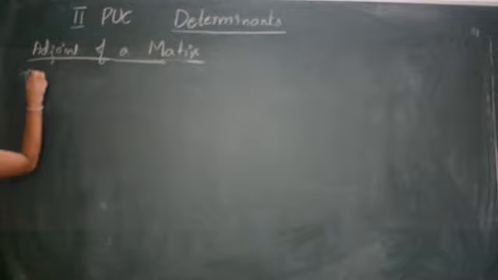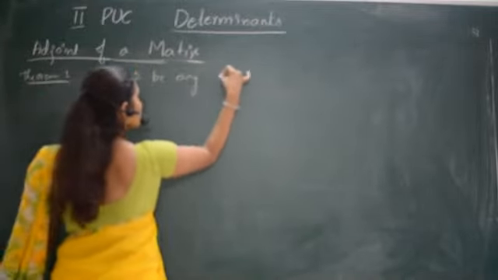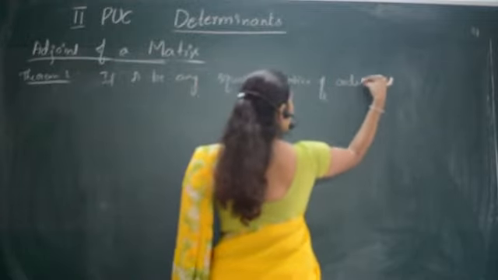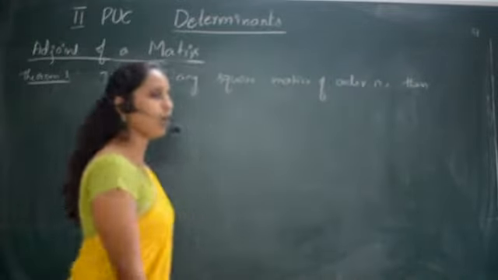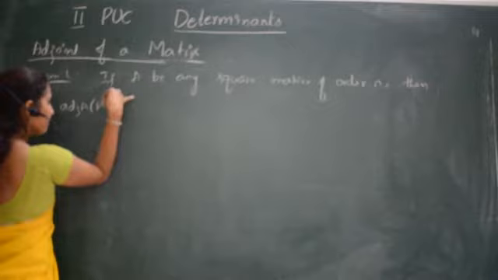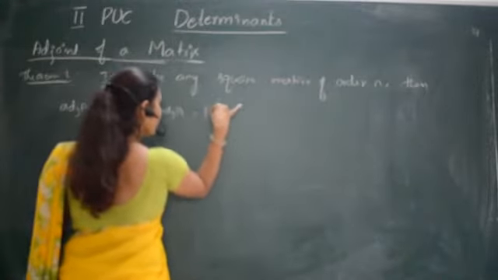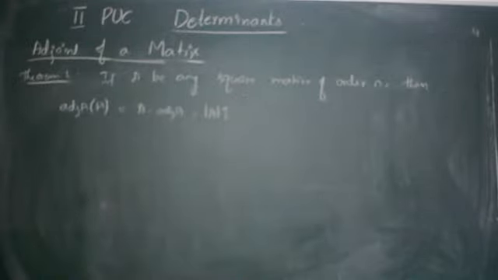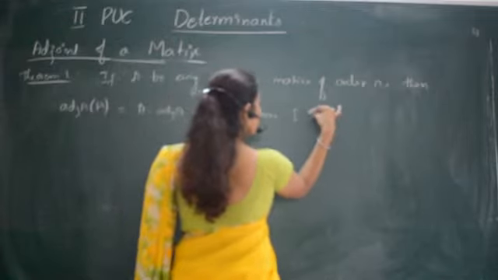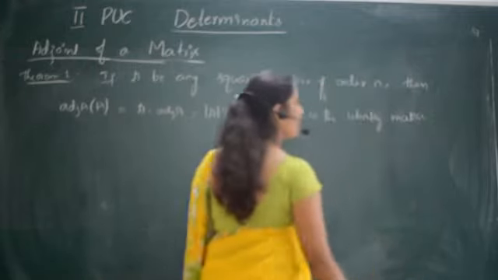Then the adjoint of A into A is equal to A into adjoint of A, which is equal to determinant of A into I, where I is the identity matrix.